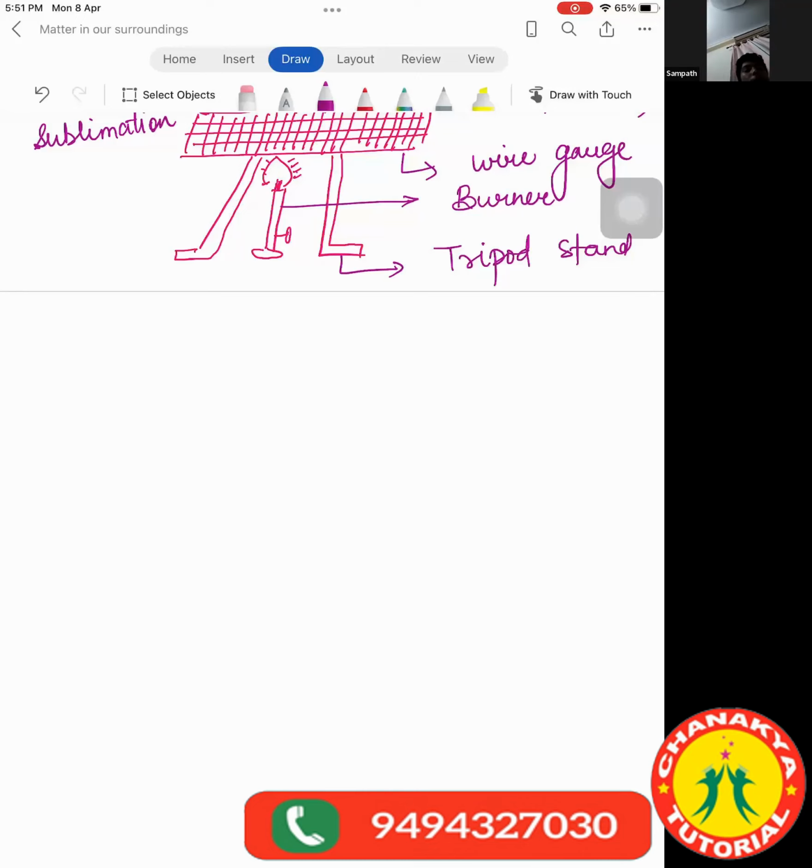Ma'am, gas to liquid. Ma'am, condensation. Very good. Rohit, what is the other name of condensation? Ma'am, can you repeat? What is the other name of condensation?